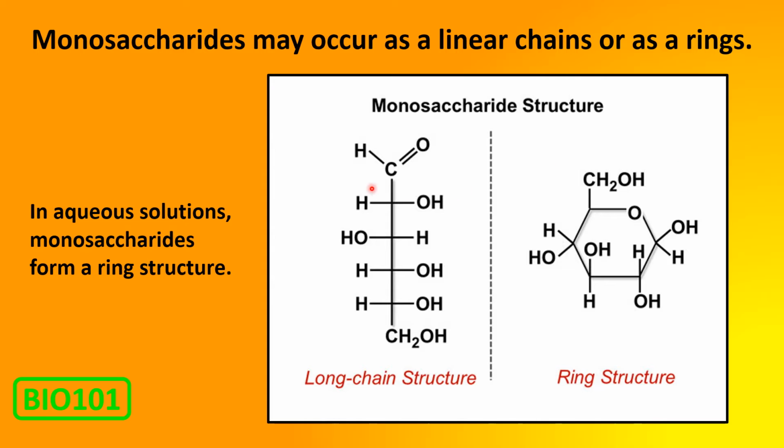So in aqueous solutions, monosaccharides form a ring structure, and here you see the chain structure. 1, 2, 3, 4, 5, 6. There's your 6 carbons, because remember it's a hexose sugar, and there's your ring structure, where each corner is a carbon minus this one because there's an oxygen, and your sixth carbon is hanging out there.